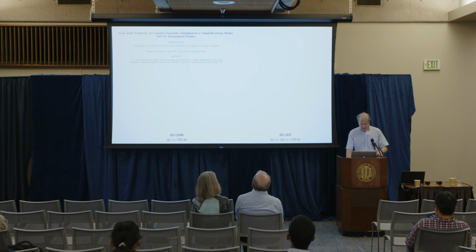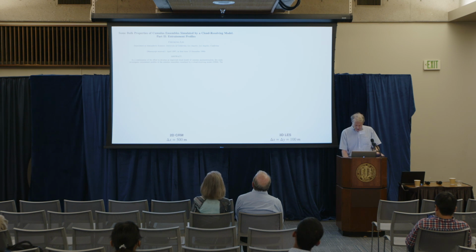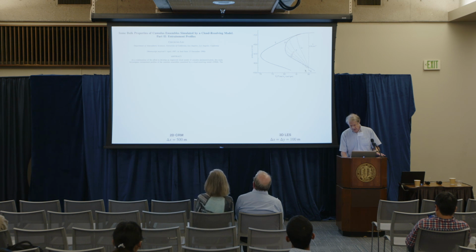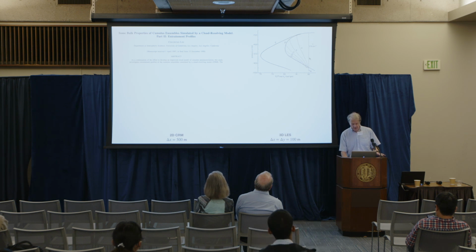Okay, then I think this one is one that especially interested me when I was looking through the papers. This diagram you've seen already, but this is showing moist static energy and height, and these are the trajectories of, I'm going to say, parcels or plumes with certain fractional entrainment rates.